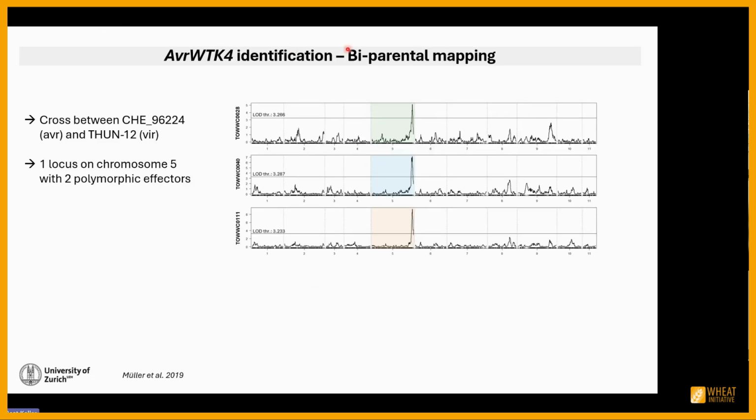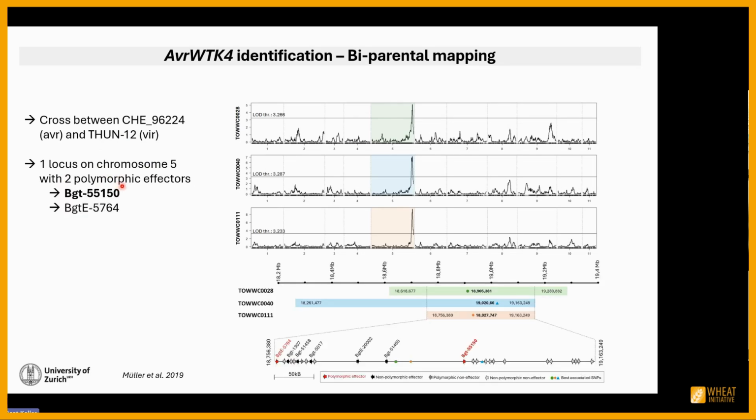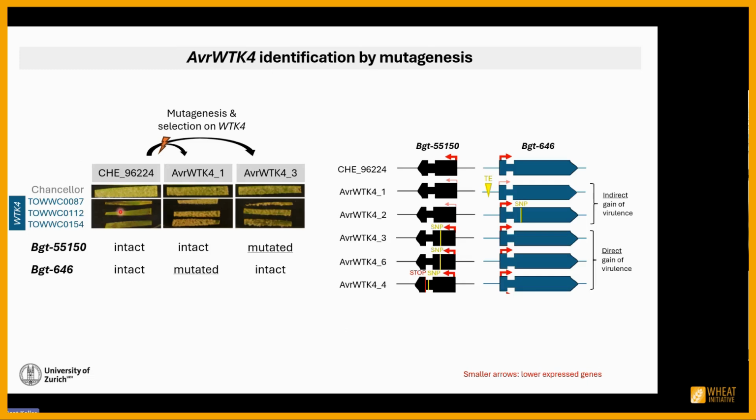Now we used biparental mapping to identify the AVR in a cross between an avirulent and a virulent isolate, and we found one locus on chromosome 5 with only 2 polymorphic effectors, so very few candidates. These are the 2 candidates we have. And then we went on and used a second approach to get to the avirulence gene for WTK4.